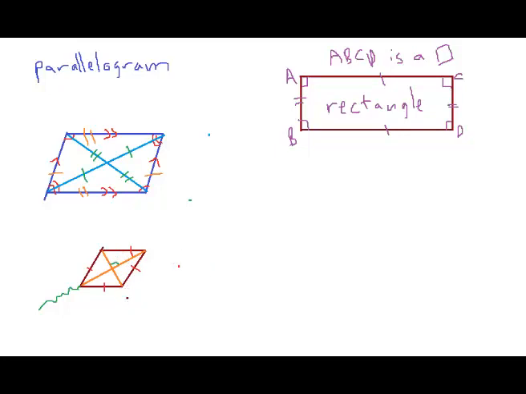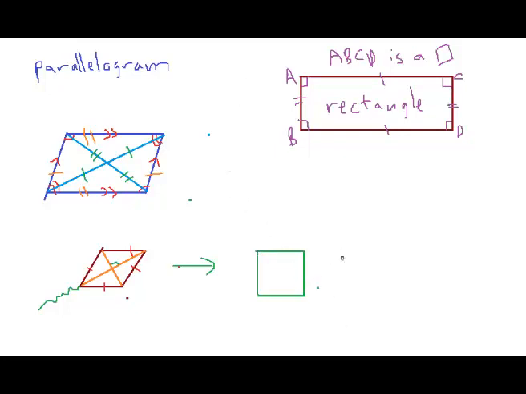Then there's even a subtype of rhombus that I'm sure you're all familiar with. There is a type of rhombus that looks something like this. And this you all know as a square.